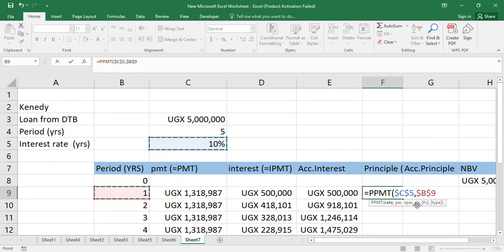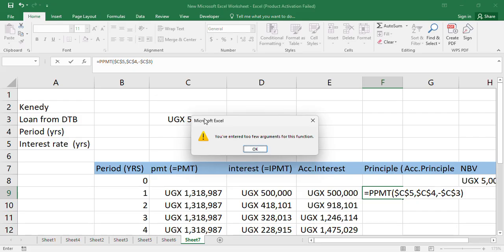For this one, make sure it's not fixed. Then comma, we shall have the NPER, the number of payment periods of the loan, and this is fixed because it does not change. We can also have the payment value, which must be negative, which is 5 million. We fix this because it also does not change. And close.